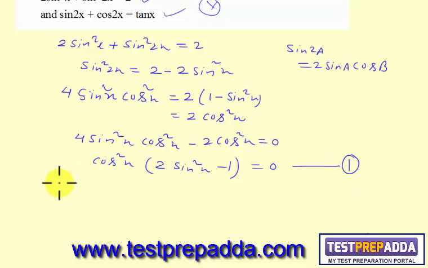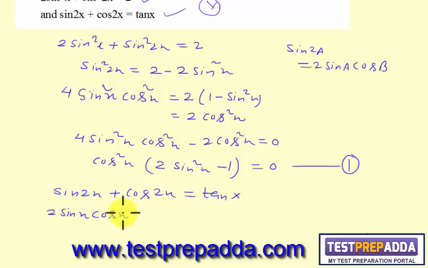Now similarly, I will deal with the second equation given, sine 2x plus cos 2x is equal to tan x. Sine 2x I can write as 2 sine x cos x.